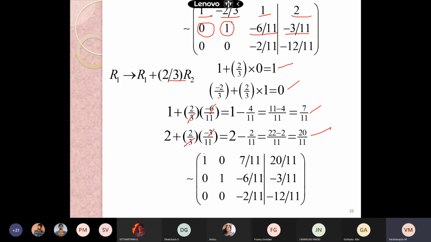What we did, we made this as 1 and this as 0. The rest of the terms are 0. Similarly, we need to make this term 1. This is our new pivot, and this term has to be converted into 0.